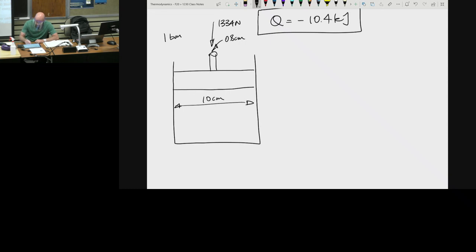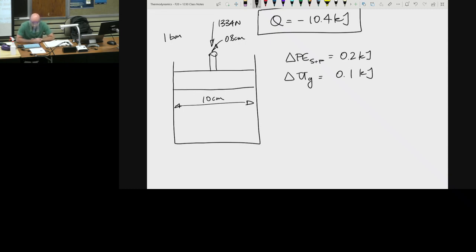And it tells me that the change in potential energy of the shaft and the piston is equal to 0.2 kilojoules, and the change in internal energy of the gas is equal to 0.1 kilojoules.